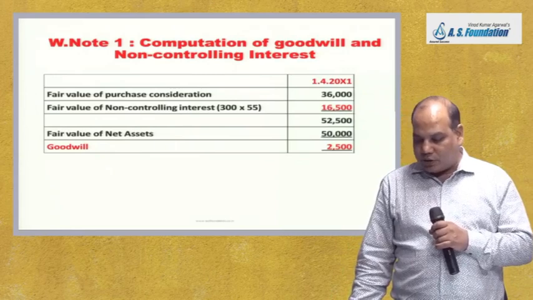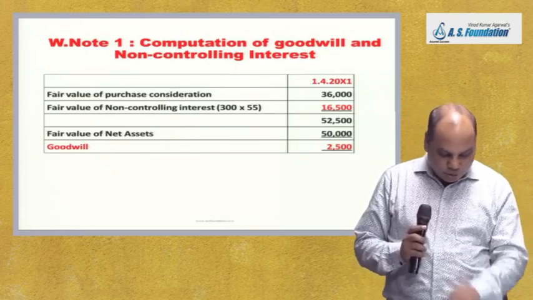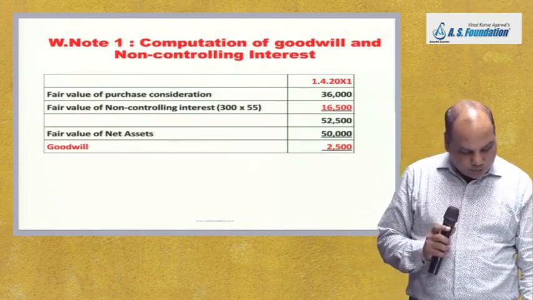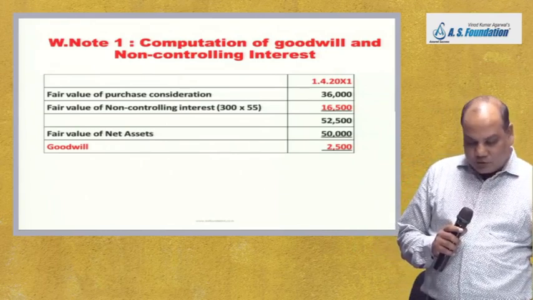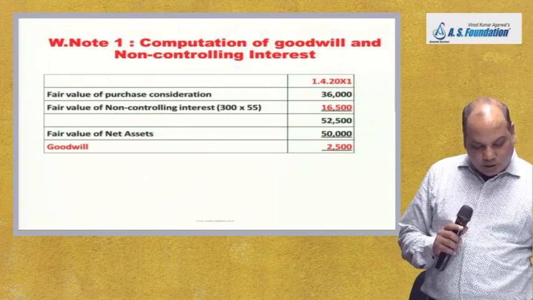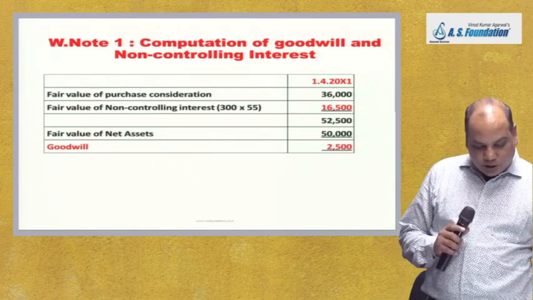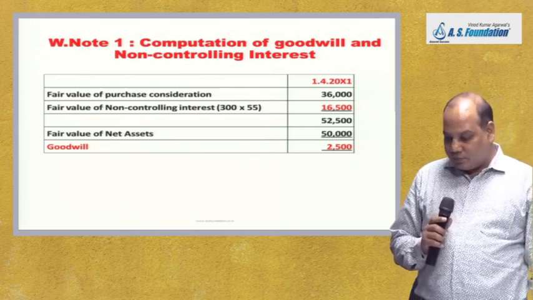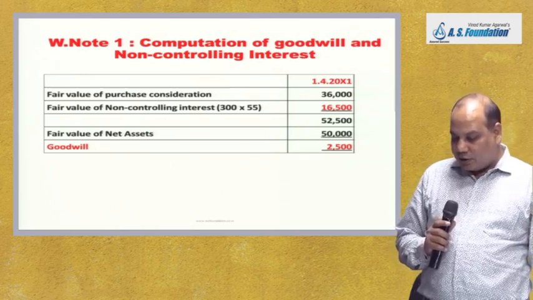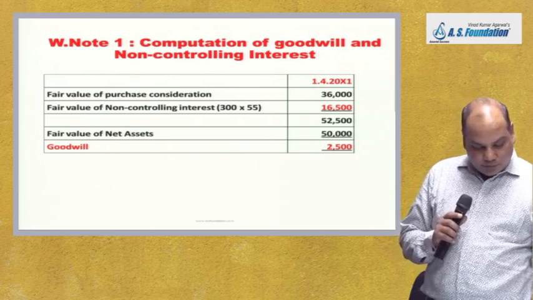Fair value of purchase consideration given in the notes below the SOFP is 36,000. Then fair value of NCI we have to calculate: 300 lakh shares into market price 55, which is 16,500, less fair value of net asset which is given 50,000.